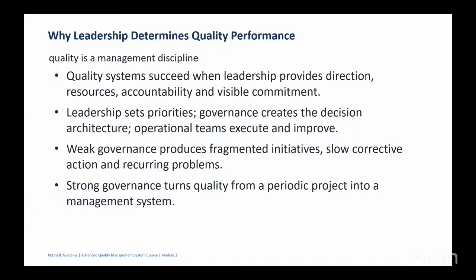So quality is not a QA team. It's not a quality assurance role or a departmental function. At the basic quality management system level, we look at it as a departmental function, as everybody's function. But here we're looking at it as a leadership function. Quality systems succeed when leadership provides direction, resources, accountability, and visible commitment.